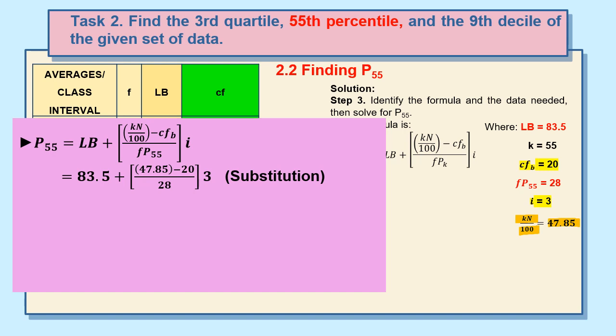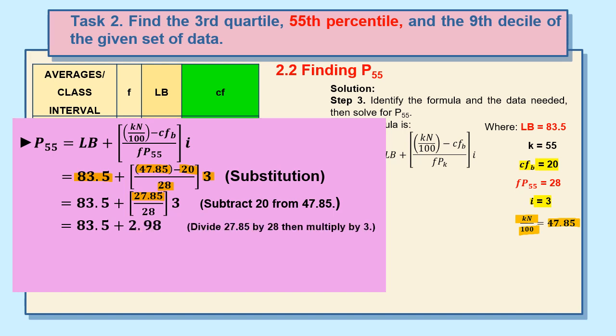We have our LB 83.5, Kn over 100 is 47.85, Cf sub b is 20, our Fp sub 55 is 28, and our I is 3. So after that, we subtract 20 from 47.85, so we have 27.85.